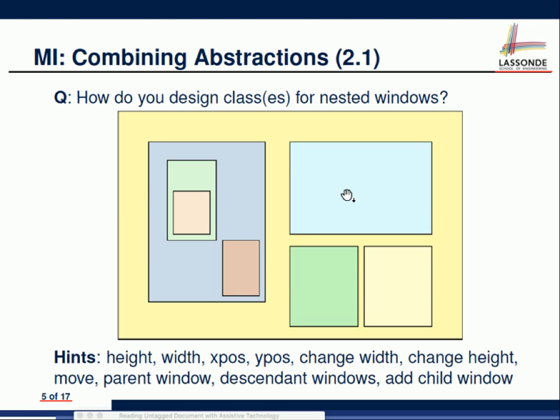For example, if you look at the blue window over here, its parent is the yellow window, right? The yellow window contains all the other windows as its descendants. It's kind of like a tree structure. How would you design classes for this window? Should you create a Superman class that contains everything, or does it make sense to decouple them a little bit?